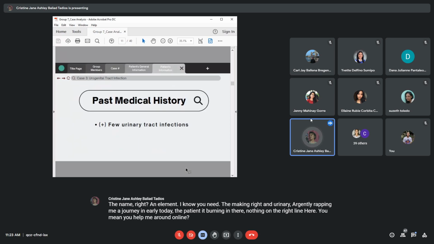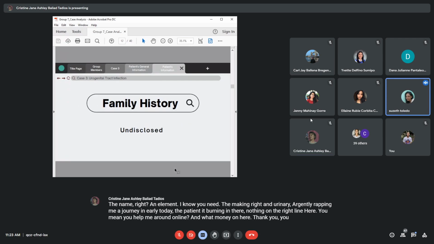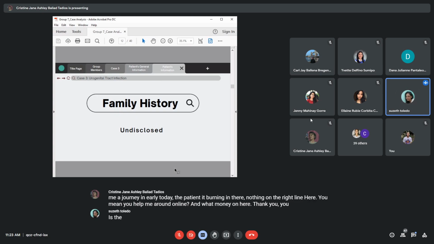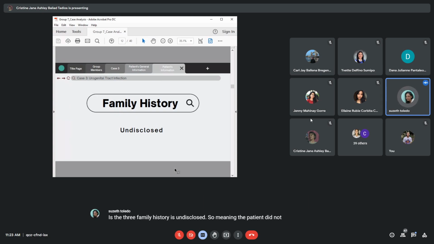In the past medical history, the patient had a few urinary tract infections. Family history is undisclosed, meaning the patient did not include her family history.